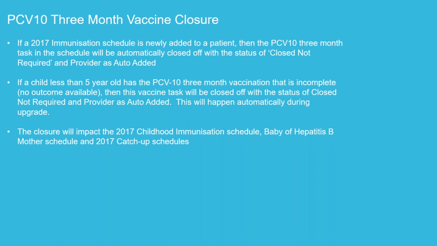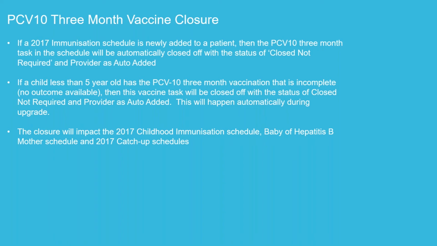As you see on the slide, if a 2017 immunisation schedule is newly added to a patient, then the PCV10 3-month task in the schedule will be automatically closed off with the status of closed not required and provider as auto-added.